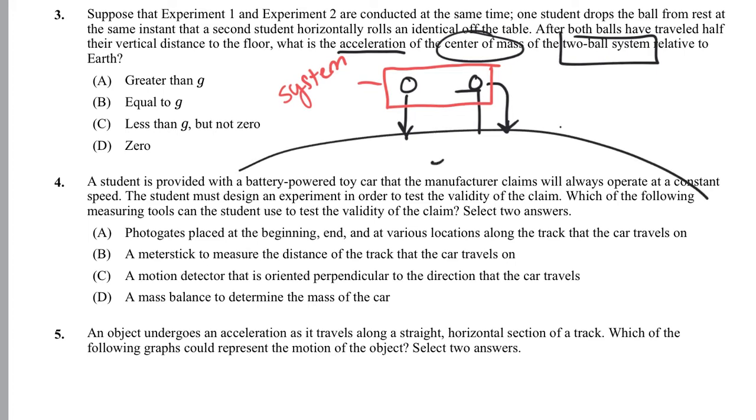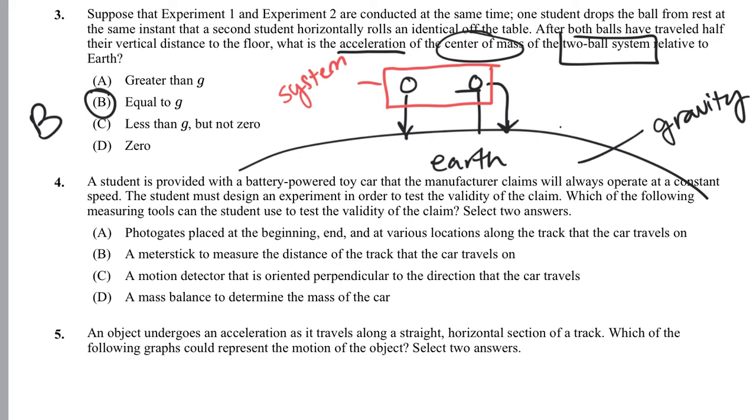So what do we know about Earth? Earth provides gravity, and if Earth provides gravity, then the acceleration that these balls will exhibit is going to be equal to g, which is letter B. Yes, wonderful. Okay, let's go on to number 4.